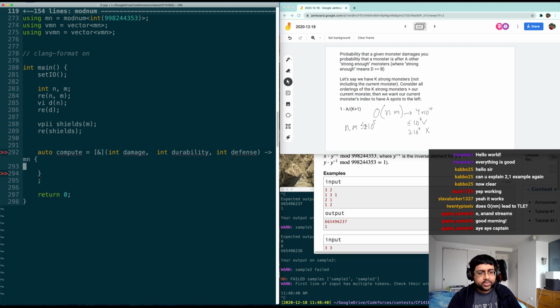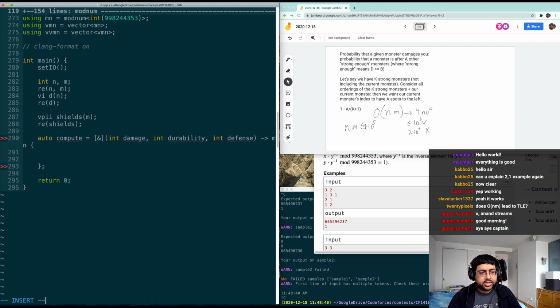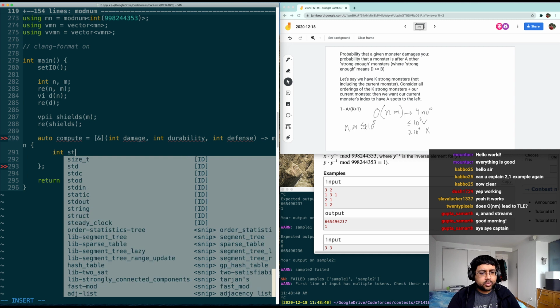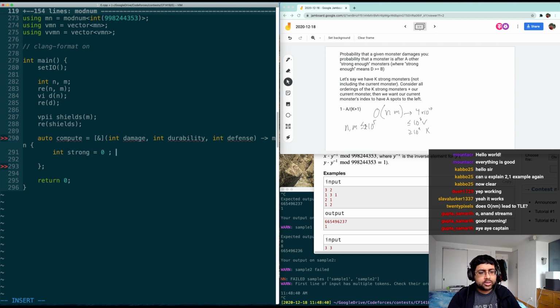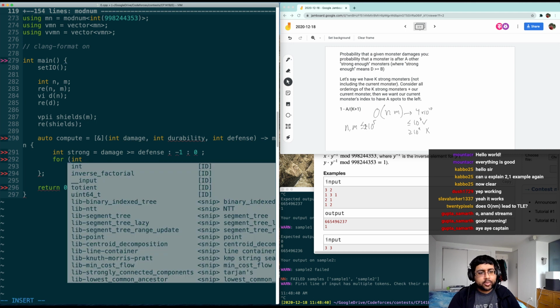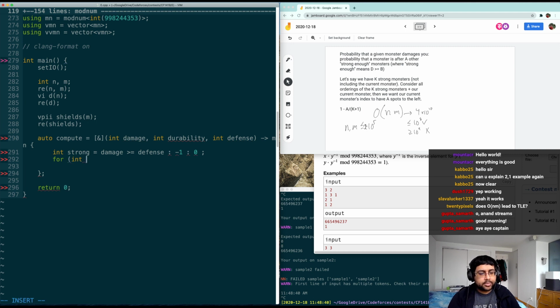Okay, so let's figure out how to compute the damage for a single monster given these parameters. So first we're going to count the strong monsters. And we're going to subtract the current monster if we need to do that.